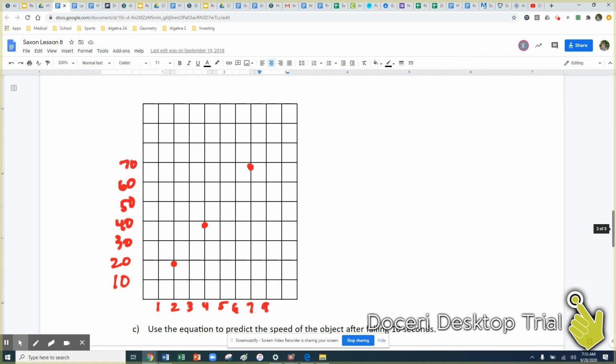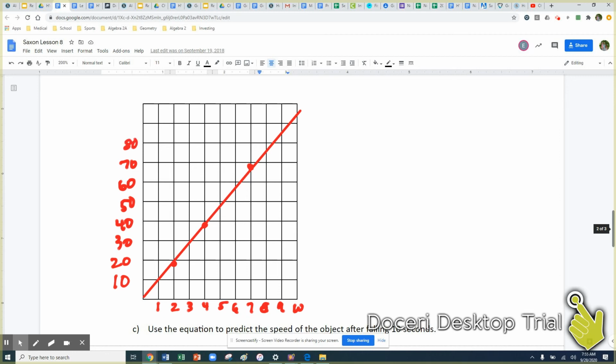We want to use this graph then to predict after 10 seconds. Okay, so if I draw my line, there it is. And then after 10 seconds, we want to predict where we would be.